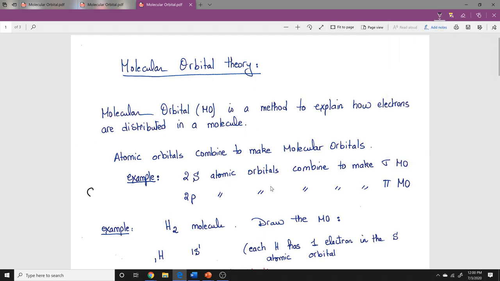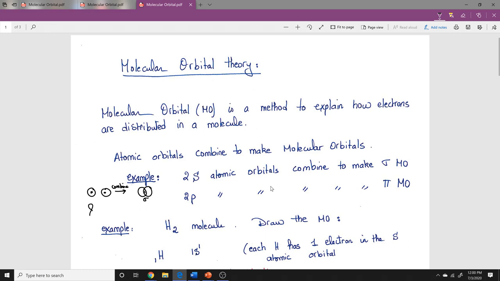So if you have two s orbitals, and each one of them has one electron, and these s orbitals combine, this means that they overlap with each other, then you are going to make a sigma bond, where every bond has two electrons. And that sigma bond is called the sigma molecular orbital.